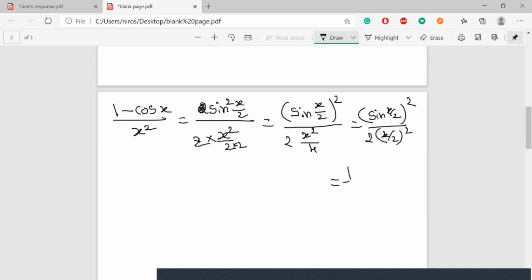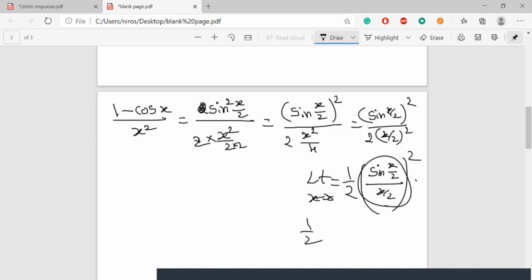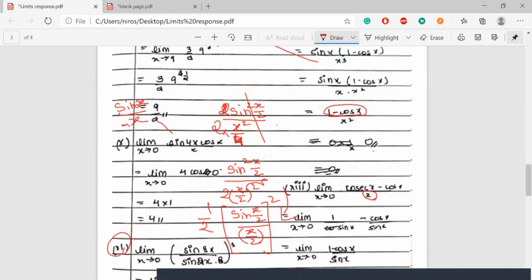Then half, I am just taking power for the whole: sine x by 2 by x by 2 whole square. Now we'll just send the limit. Limit x tends to 0, half outside. This becomes 1. So the answer is 1 by 2. It's not 0.